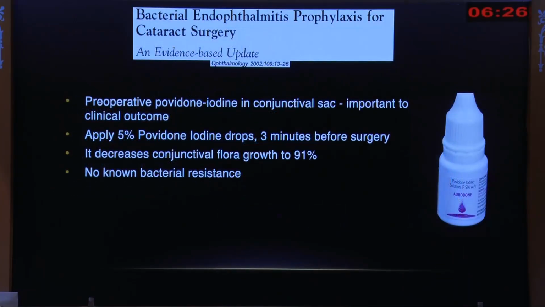So now coming to the different evidences like the RCTs or systematic meta-analyses. Preoperative povidone iodine in the conjunctival sac is important for the clinical outcome, and 5% povidone iodine drops 3 minutes before surgery decrease the conjunctival flora growth by 91%, and there is no bacterial resistance till now.